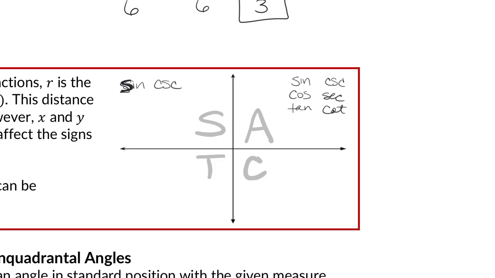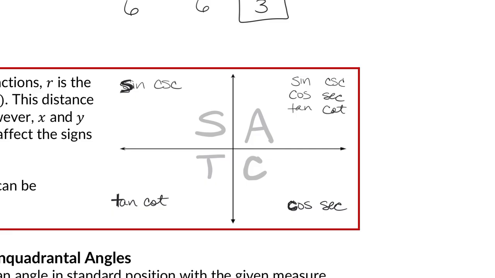Tangent and what else? Tangent and cotangent. So tangent and its reciprocal are the only ones that are positive. Everything else would be negative. And then last but not least, what about the 4th quadrant? Cosine and its reciprocal, which is secant, are the only 2 trig functions that are positive. The rest of them will be negative.